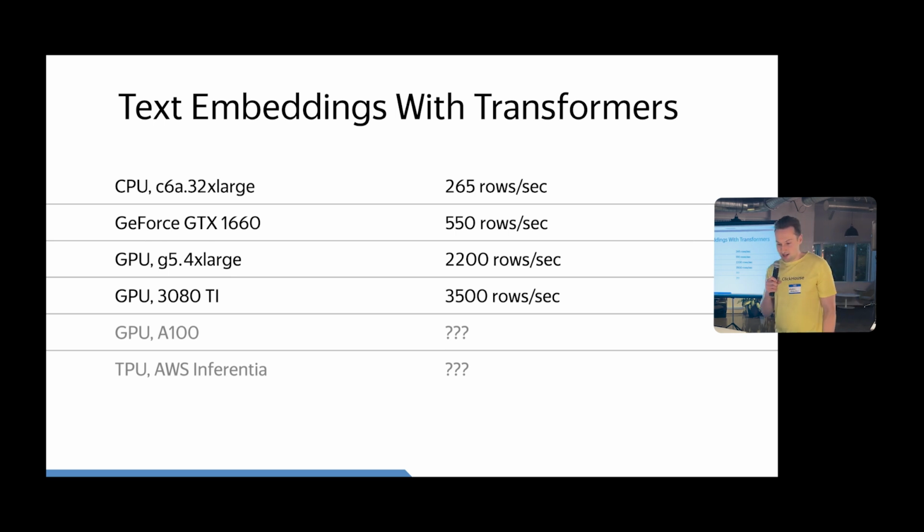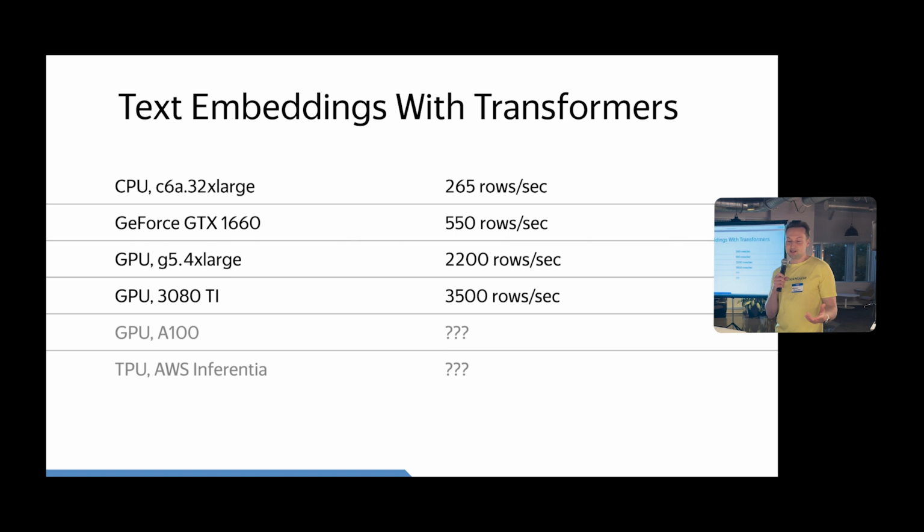If I use a cheap GPU on my old desktop, GeForce GTX 1760, you can get this GPU probably for $50, the performance will be higher, 500 records per second. If I use a pretty basic GPU instance in AWS, I will get 2,000 records per second.